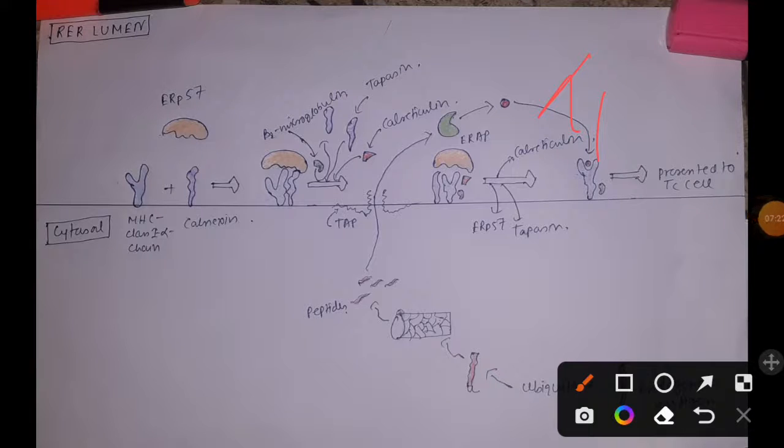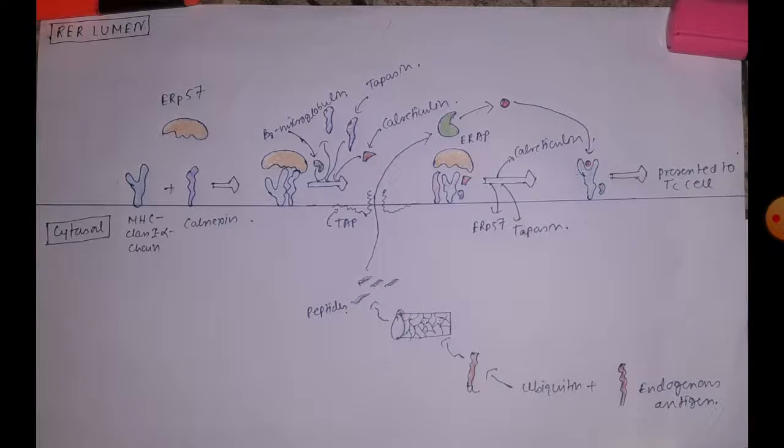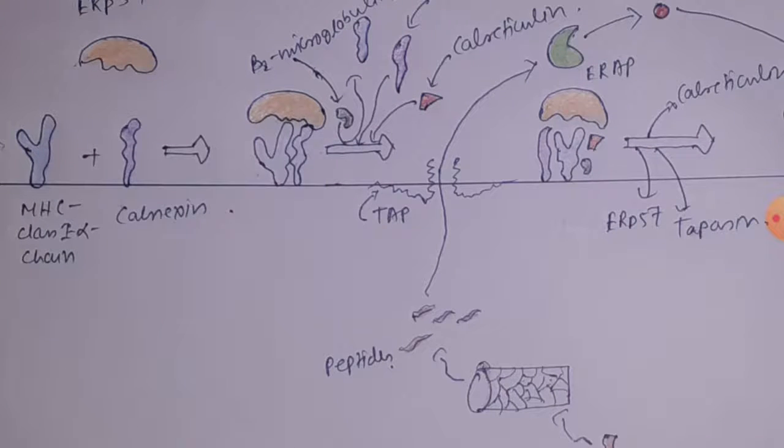So alpha 1 will be there, alpha 2, alpha 3, and there was our beta 2 microglobulin, right? That was the arrangement. Alpha 1 and alpha 2 domain interact to form the peptide binding groove, and beta 2 microglobulin interacts with alpha 3 domain via non-covalent interaction, right? So now we are going to see how they are formed, that means how they are arranged.